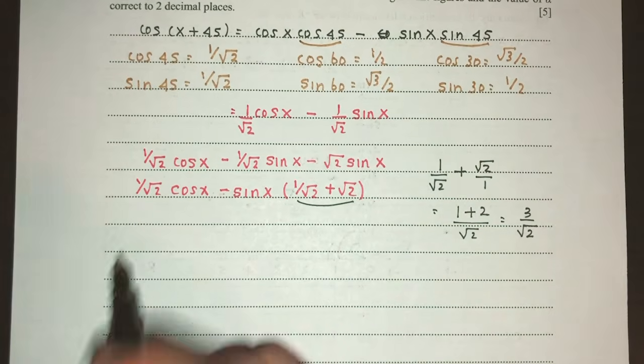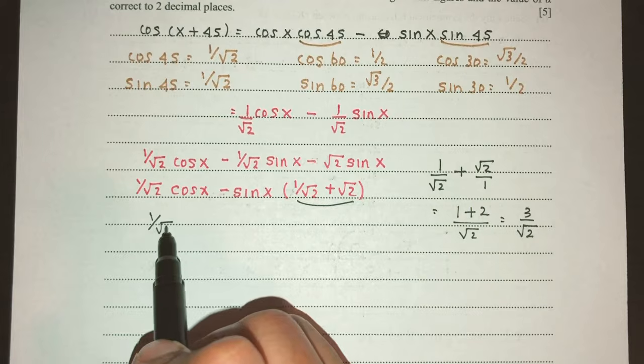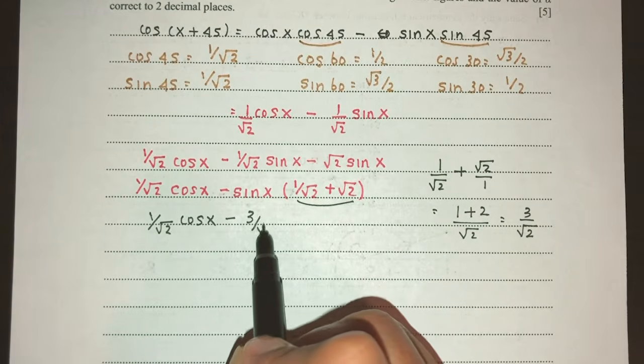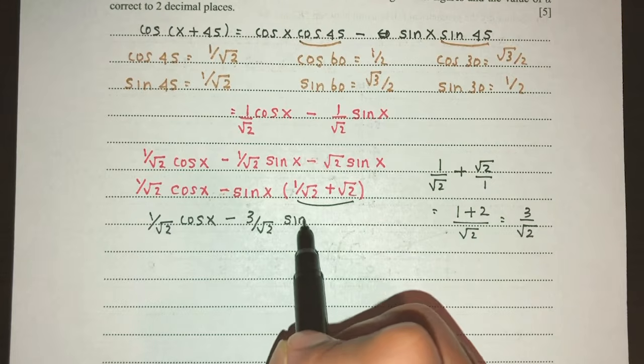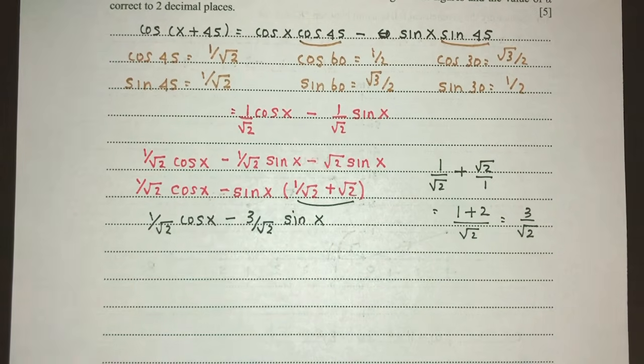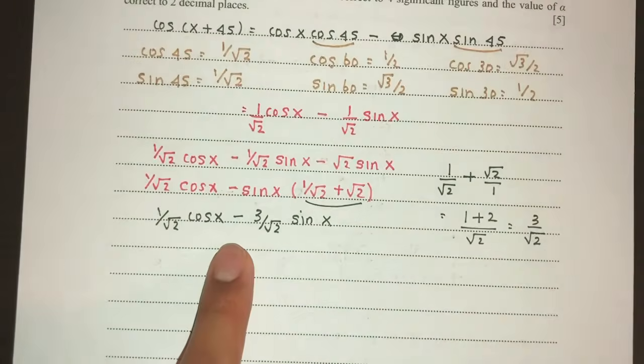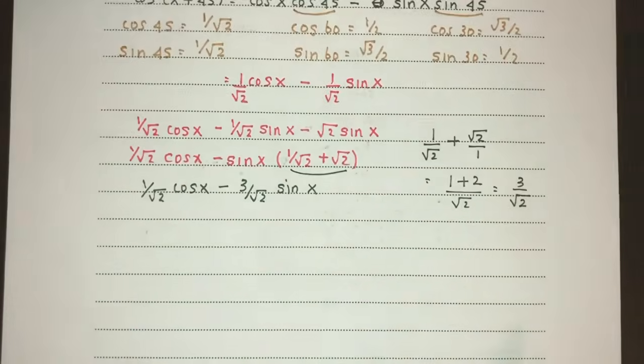Now replace back in the equation. You will have 1 over root 2 cos of x minus 3 over root 2 sin of x. Okay, that will be your answer for this simplification. Now we have to transform this to something like this. Okay, so pretty easy.